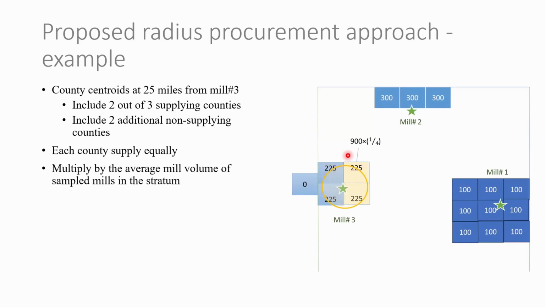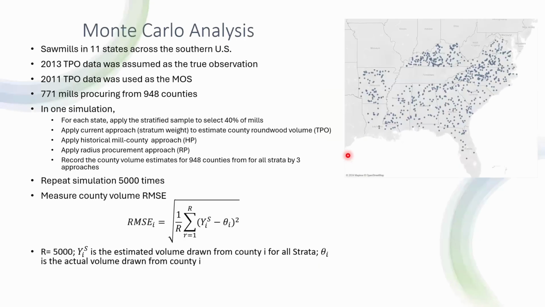And then we did the Monte Carlo analysis. We tested these approaches using Monte Carlo analysis in sawmills in 11 states across the southern US. We used 2013 TPO data as the true observation, and we used 2011 data as the MOS, measure of size, for stratification.